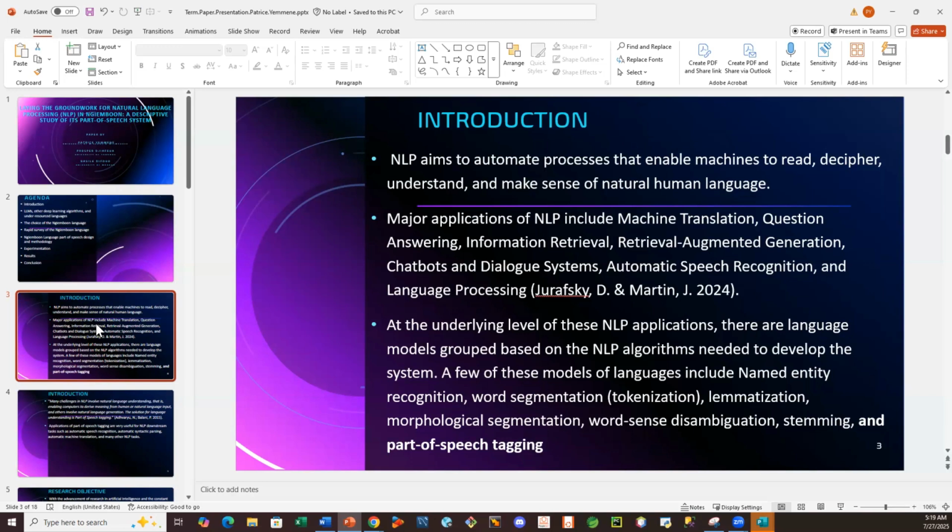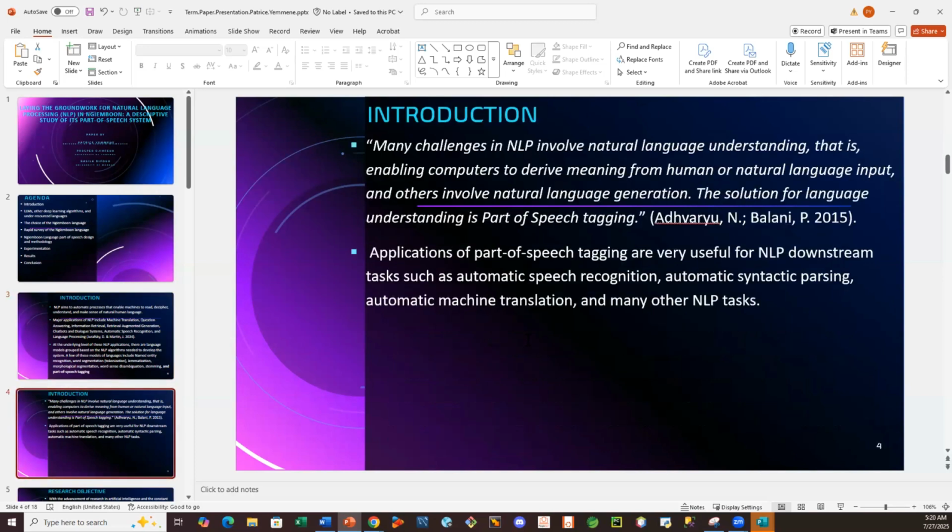At the underlying level of all of these applications, there are language models that are grouped based on specific algorithms, whether it's word segmentation, morphological segmentation, word sense disambiguation, and to some extent part of speech tagging.